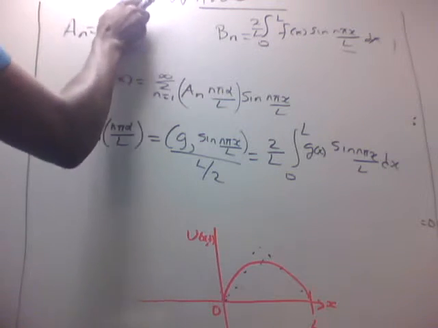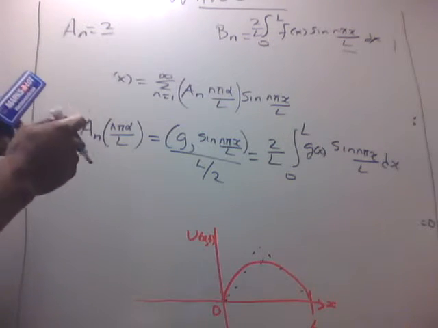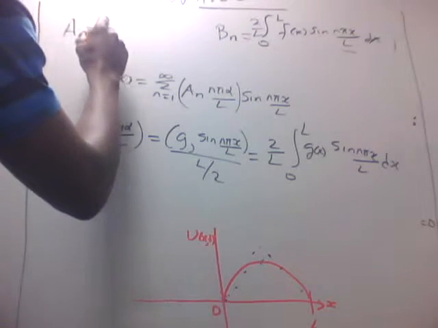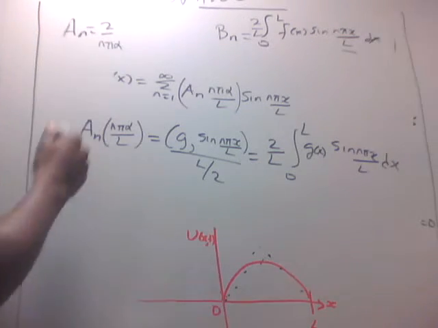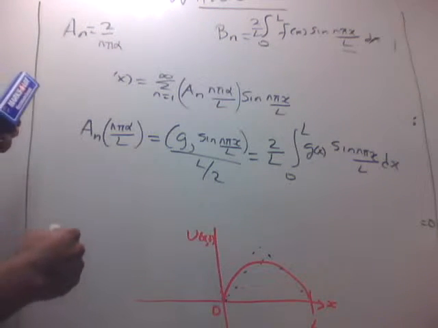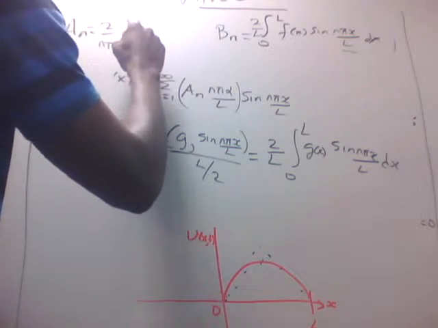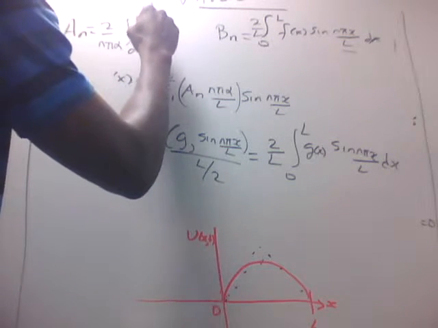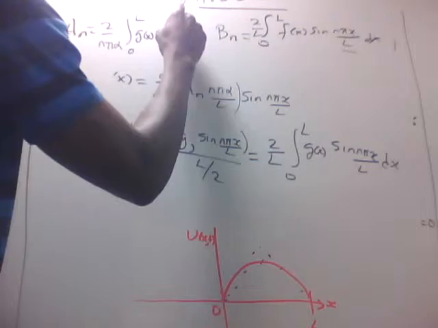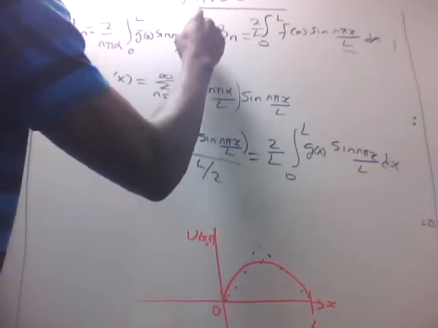So that's going to be 2 over n pi alpha integral 0 to L g of x sine n pi x over L dx.